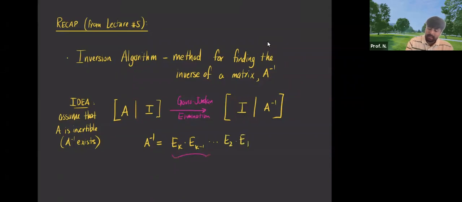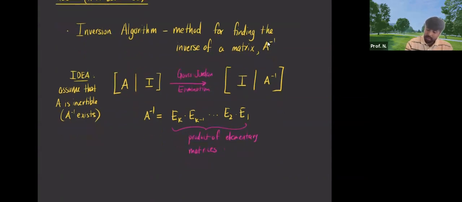So the idea is that the product of elementary matrices, when applied to A, yields the row reduced echelon form of A, which is the identity.